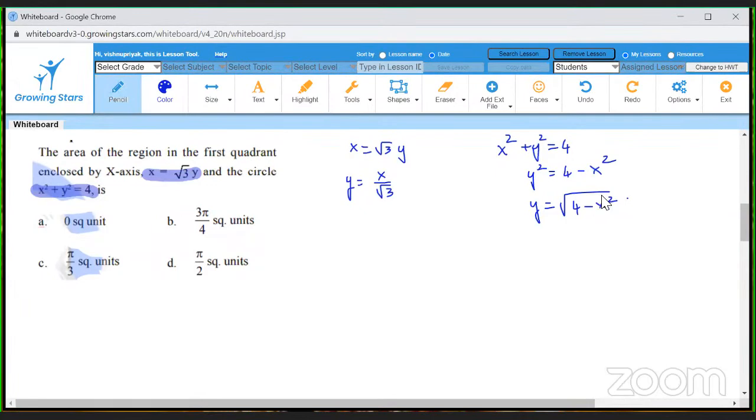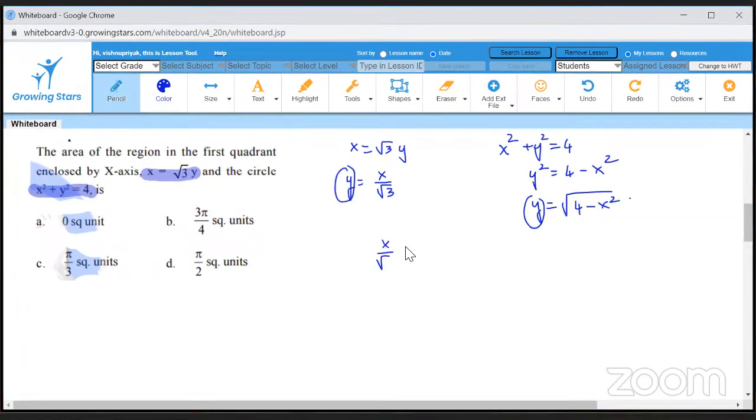Two equations you will have. First of all, you must know from which point to which point, the bounds. Make both the y's equal like this.